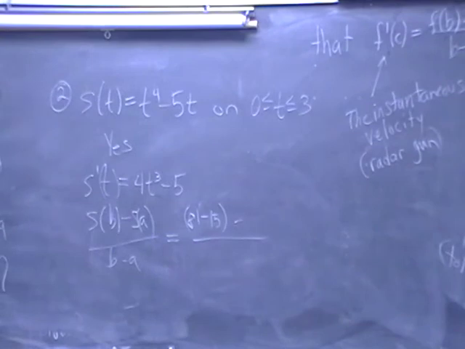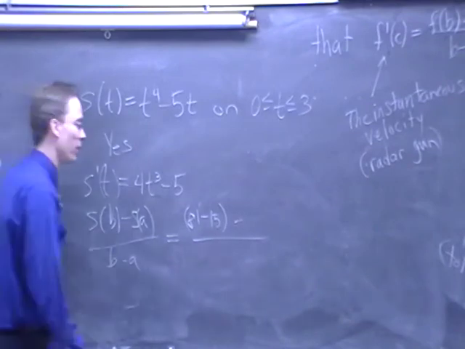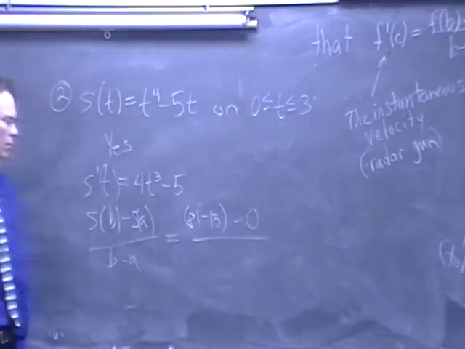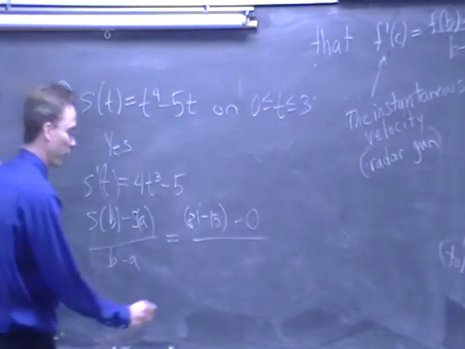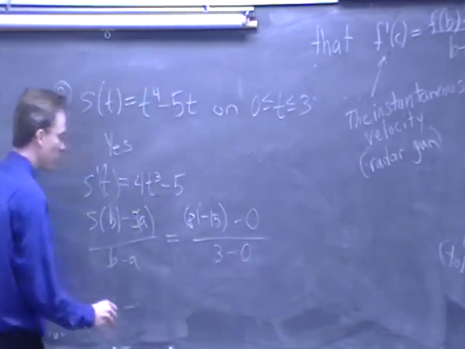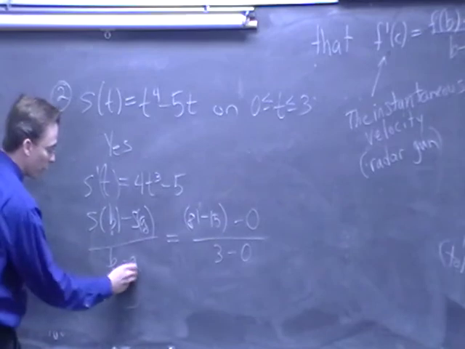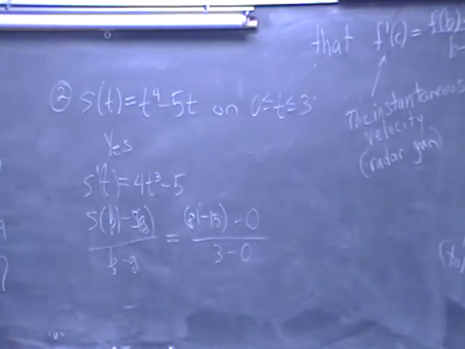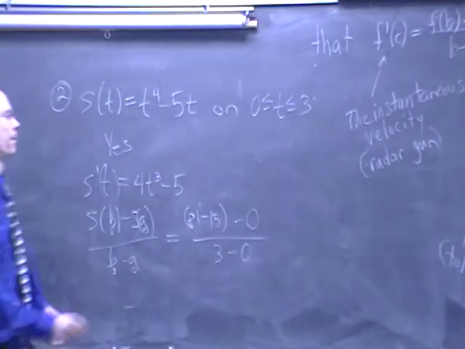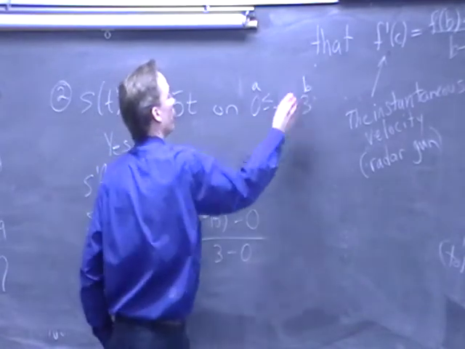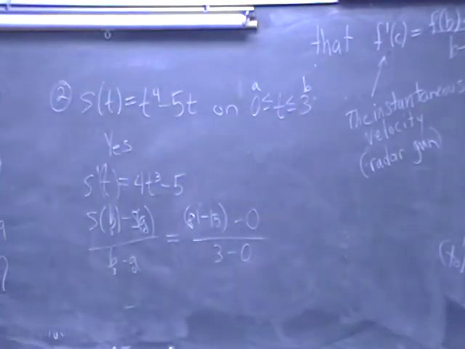Minus, plug in 0. You get 0, that's convenient. And underneath we just get 3 minus 0. So the b value here was 3, the a value was 0. In case you're wondering where those numbers came from. Another way of looking at it, this is our A, this is our B, and points in the interval.